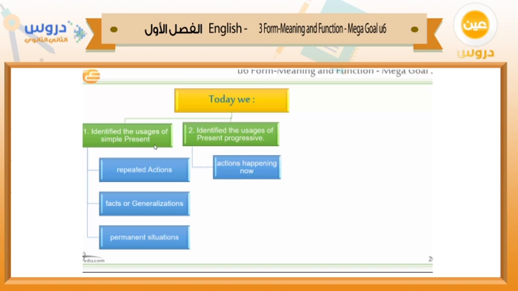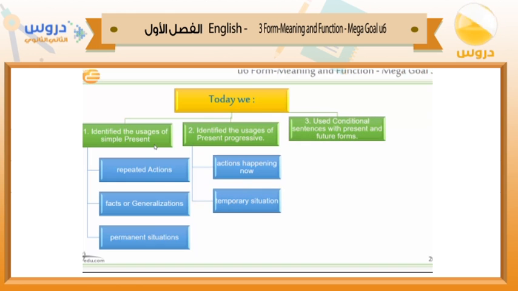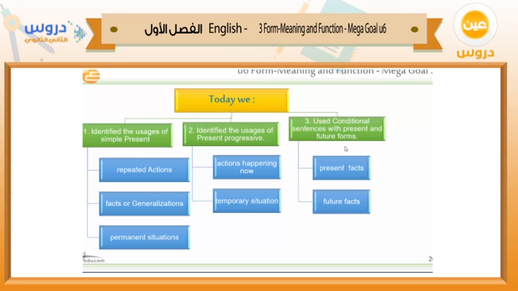We said present progressive can be used with actions happening now and temporary situations. We also covered conditional sentences with present and future forms. We said we can use them with present facts, future facts, and may and might.